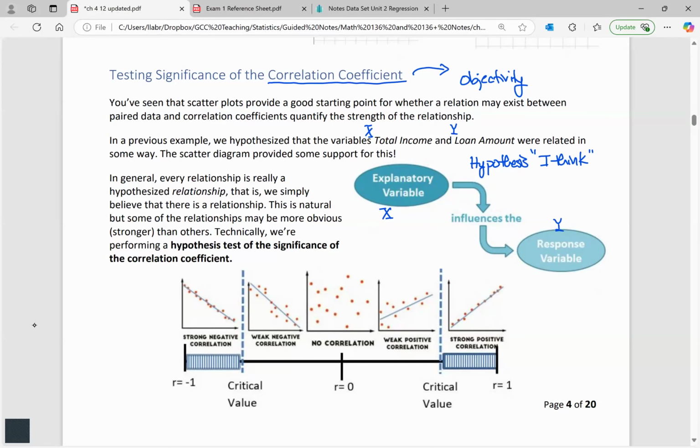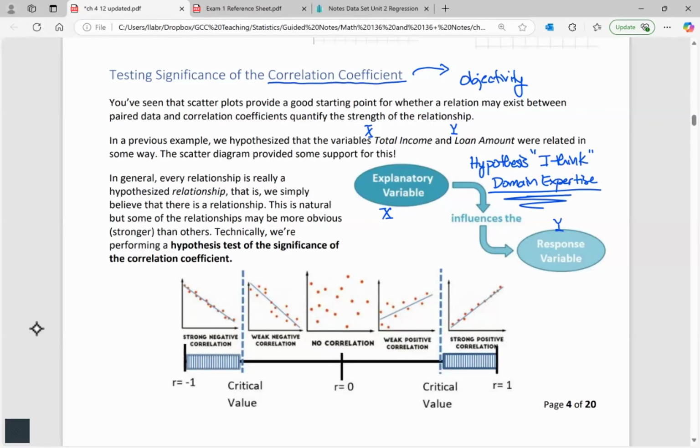When I said X is the total income and we believe that that determines the loan amounts that somebody was asking for, we are not professional bankers or finance individuals. So a lot of times this hypothesis comes from domain expertise. And that's what helps essentially start this process.